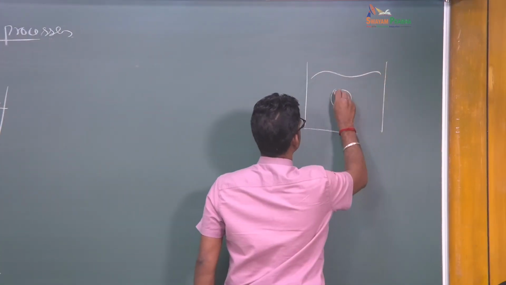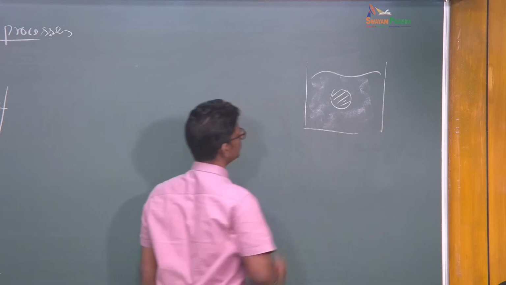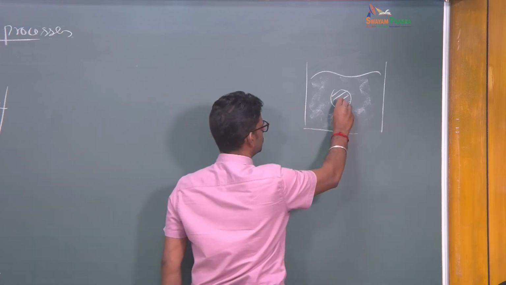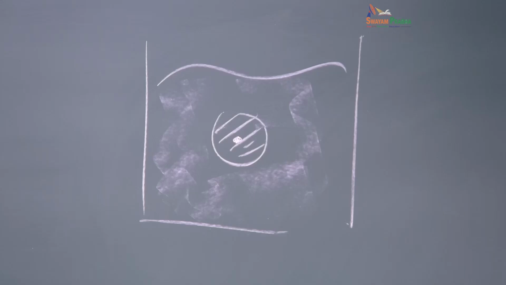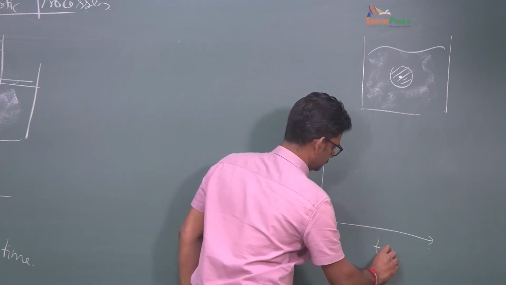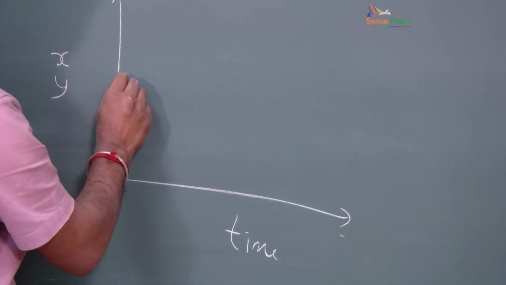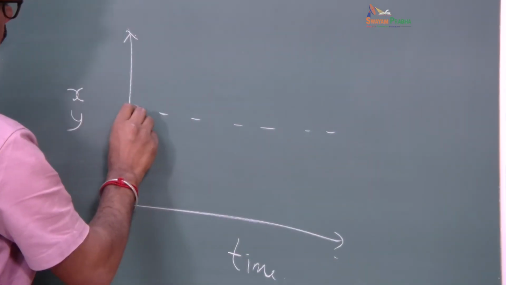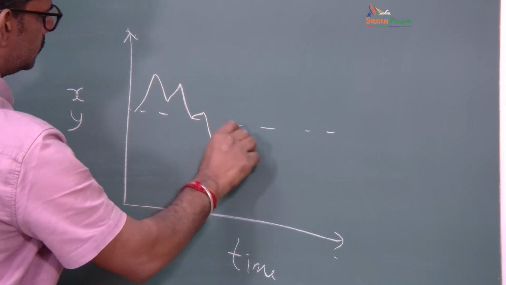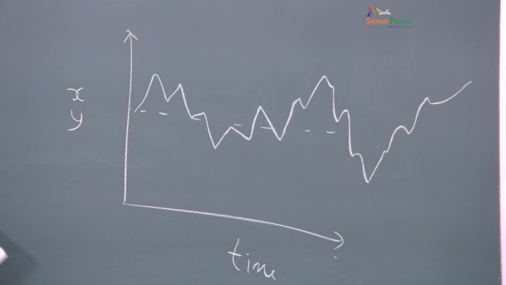Another example is if you have a particle suspended in a liquid, and then you are looking at the center of mass of this particle as a function of time. Okay, when you see that, you will see this kind of a character.